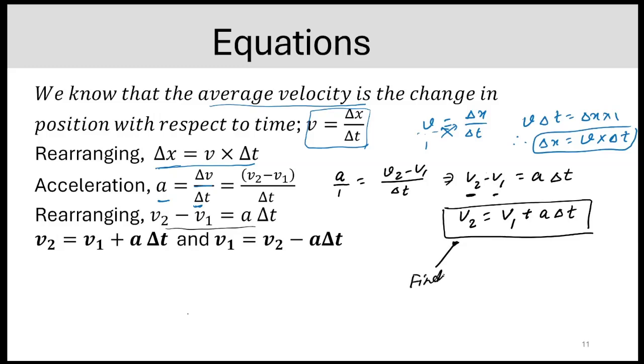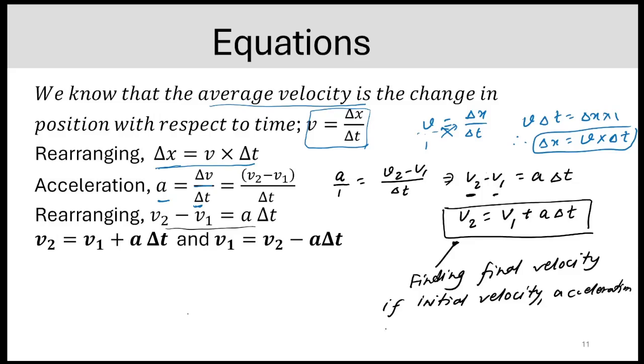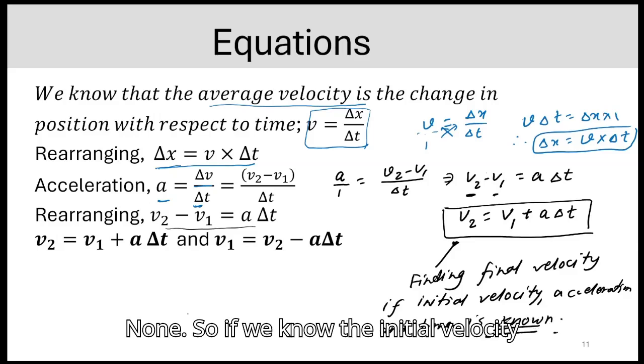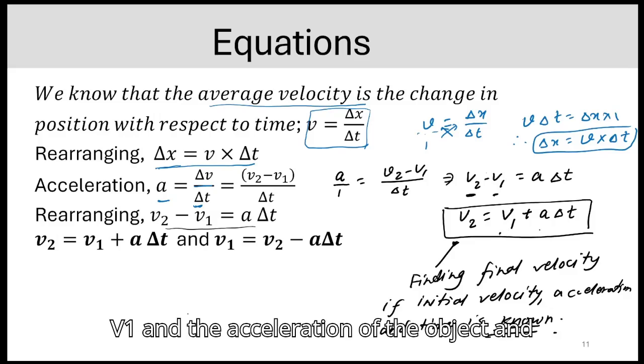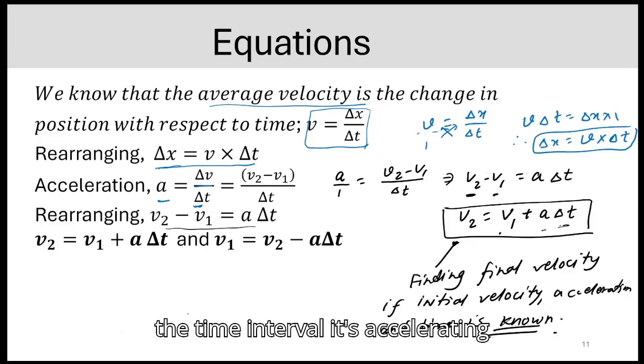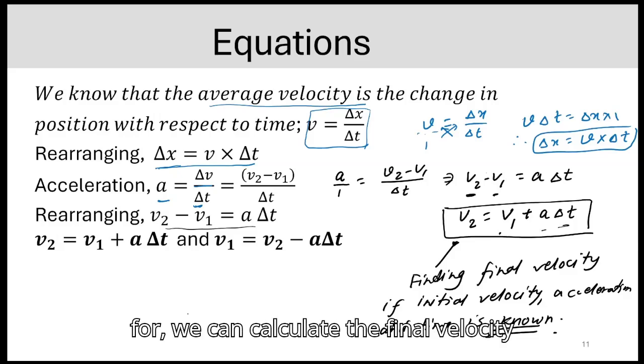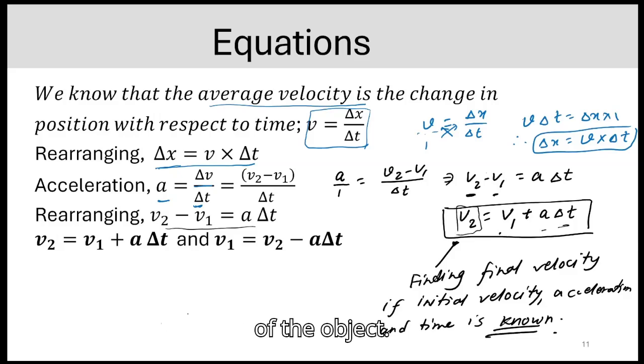finding the final velocity if the initial velocity, acceleration and time interval are known. So if we know the initial velocity v1 and the acceleration of the object and the time interval it is accelerating for, we can calculate the final velocity of the object.